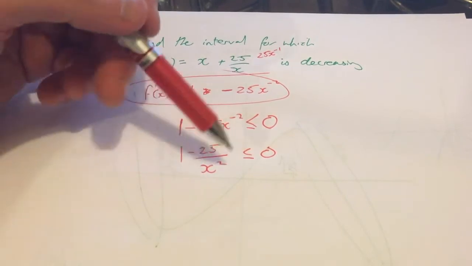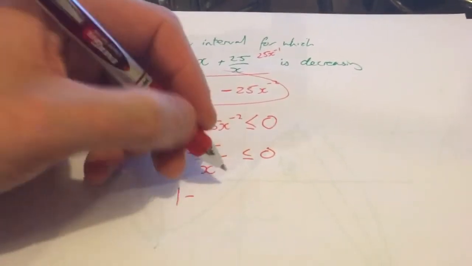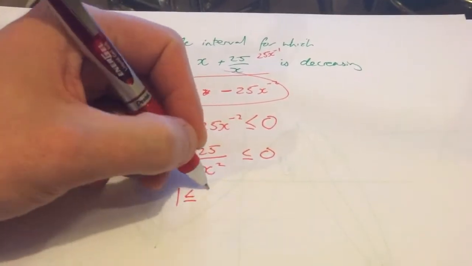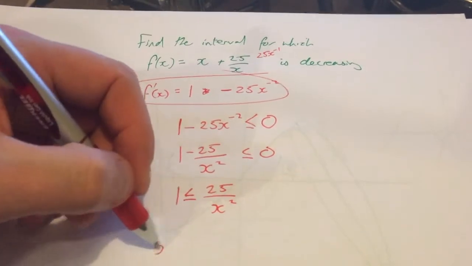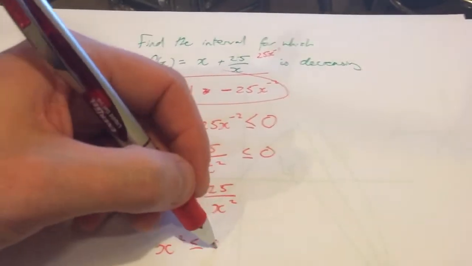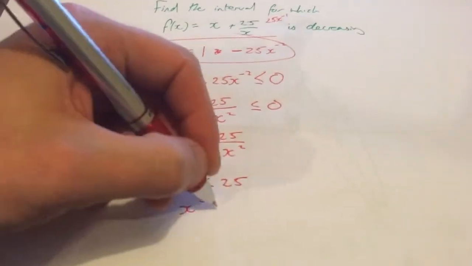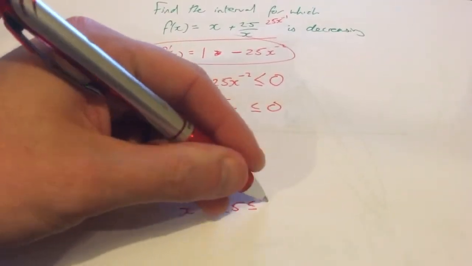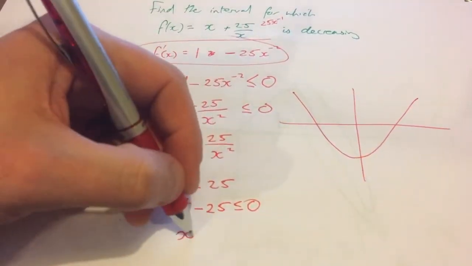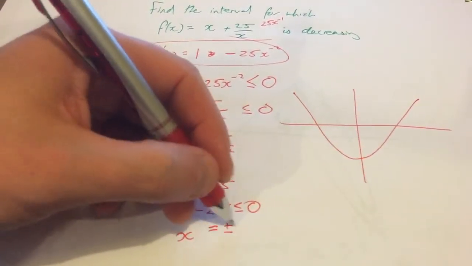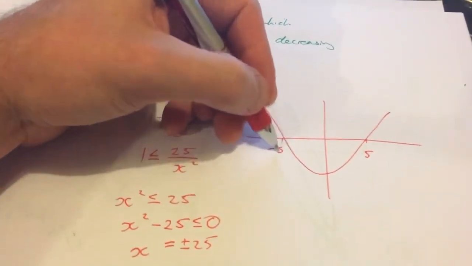If we add this onto this side, 1 is less than or equal to 25/x², times up by x², so x² is less than or equal to 25. Now we can try and plot this. This is an x² graph, moved down 25. Solve it to get x equals plus or minus 25. Sorry, it doesn't. This is plus or minus 5.